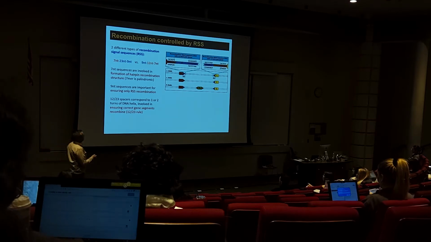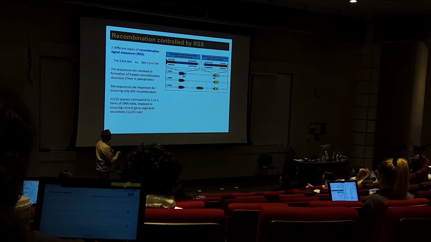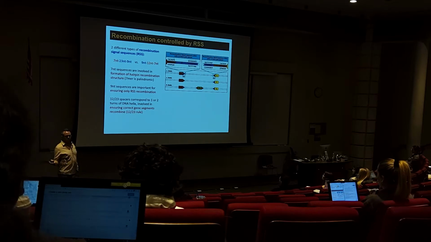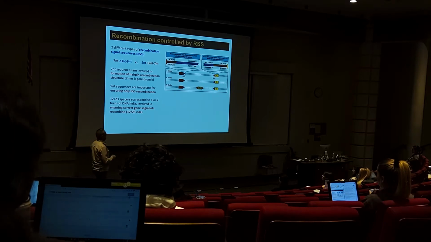Okay, so if you look in your lambda chain, these are your two light chains. These V's can only pair with these J's. And luckily for you, the kappa chain is on a different chromosome. So only these V's can pair with these J's. And so you limit the amount of damage you can do.